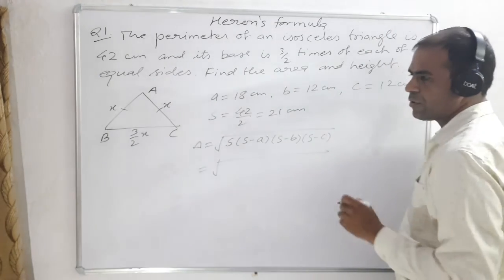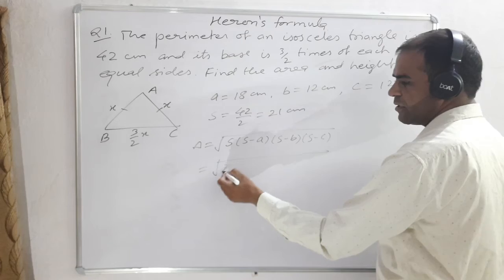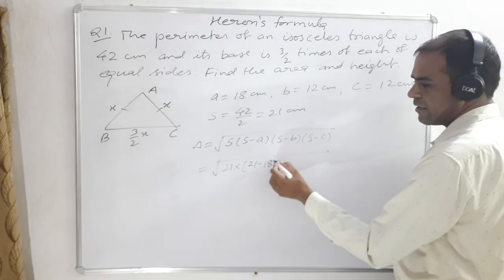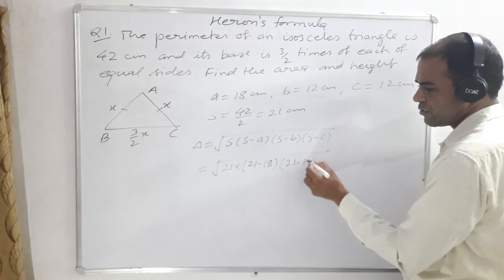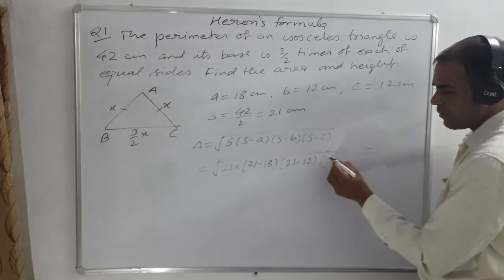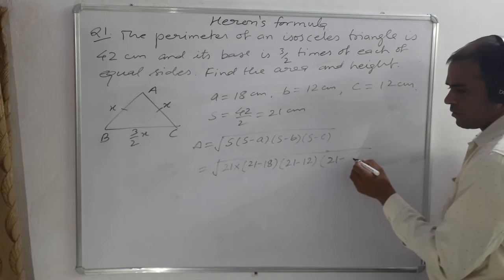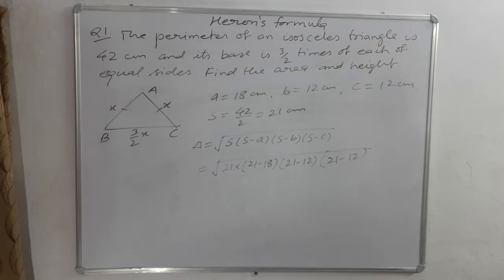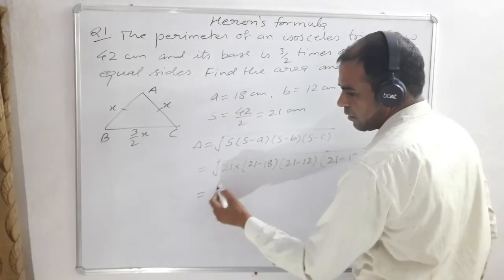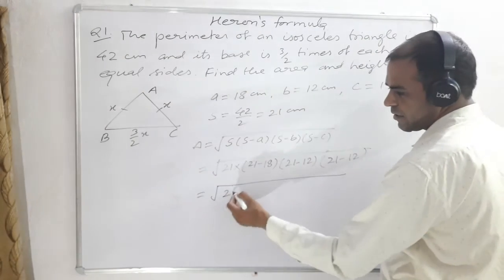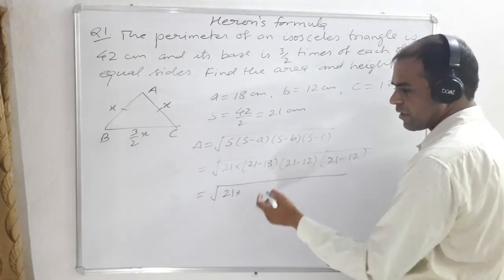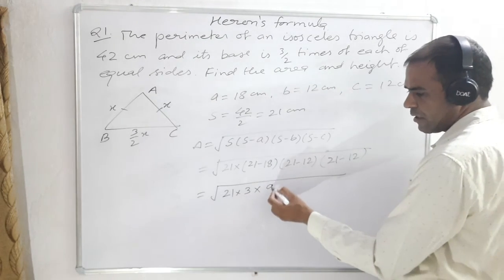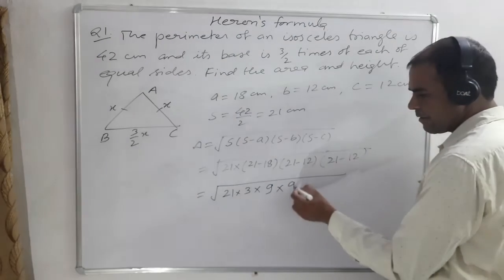In the square root, put the value s 21, 21 minus a 18, 21 minus 12, and 21 minus 12 again. In the next term, 21 minus 18 is 3, 21 minus 12 is 9, and again 9.